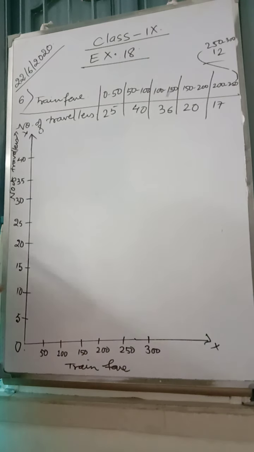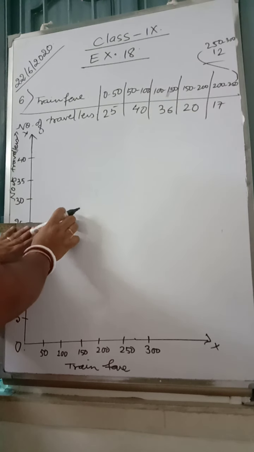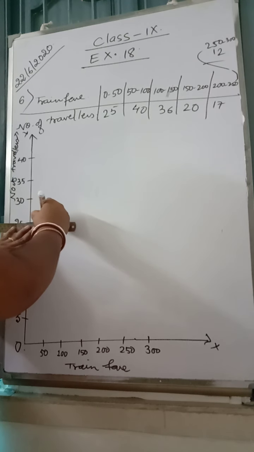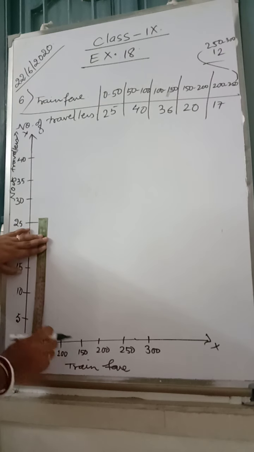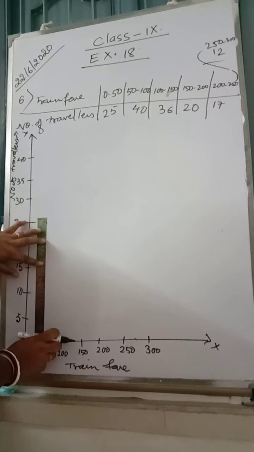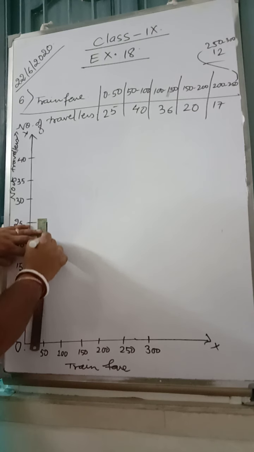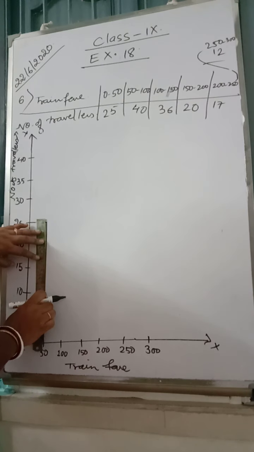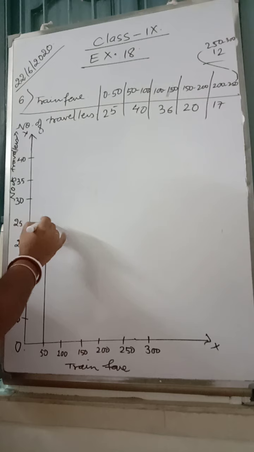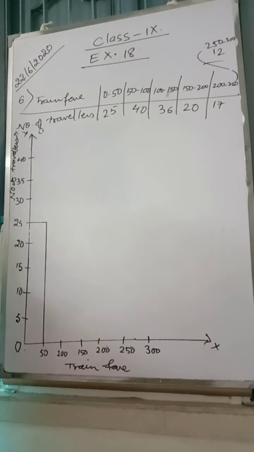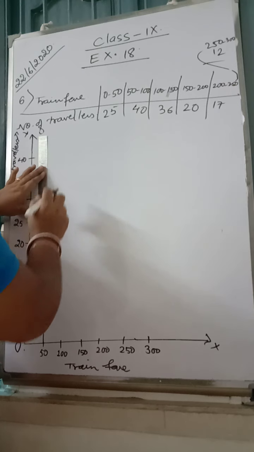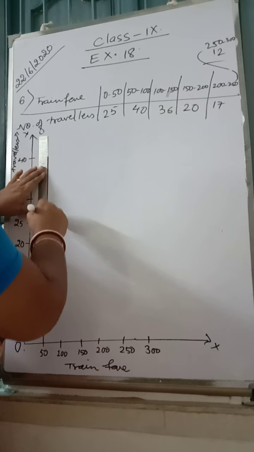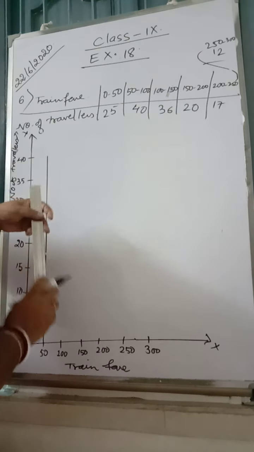Now for 0 to 50 we have 25. So where is 25? This is 25. So we'll make the bar. We have done this. Then we have 40 for 50 to 100. So what we are going to do is increase this line.